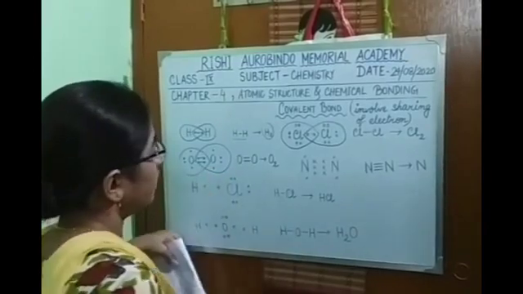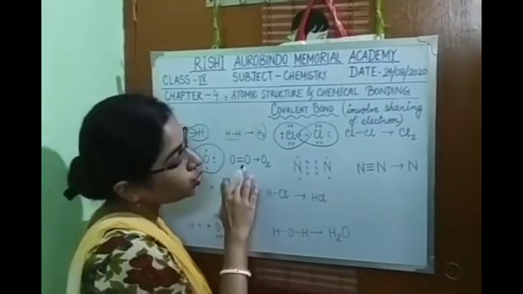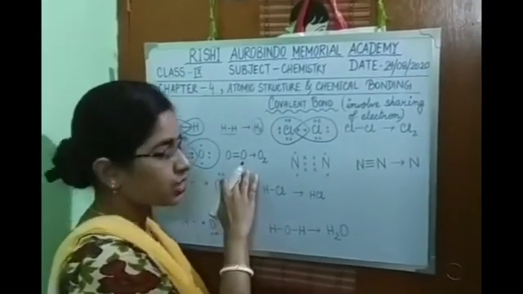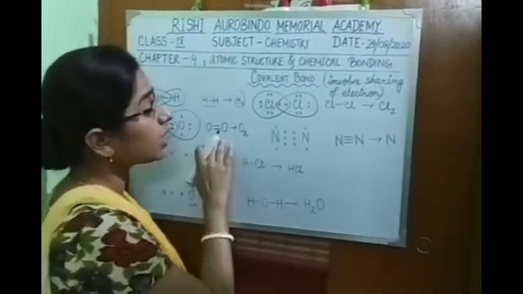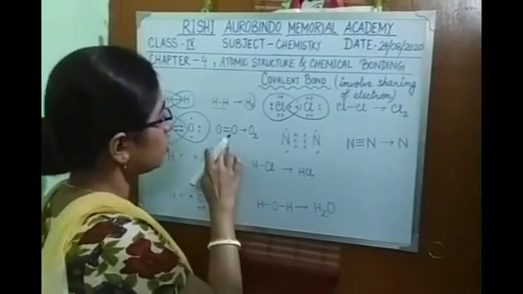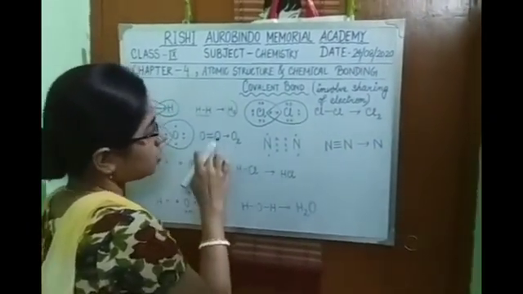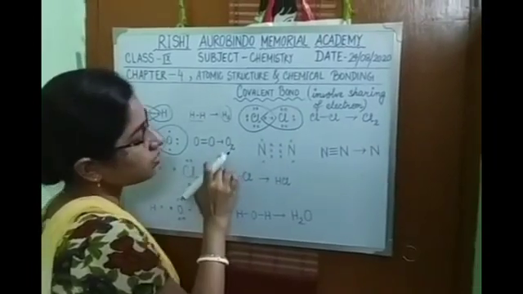And here 2 single covalent bonds occur. That's why it is called a double bond. So here the bond is double. There are 2 bonds. This is how oxygen forms.